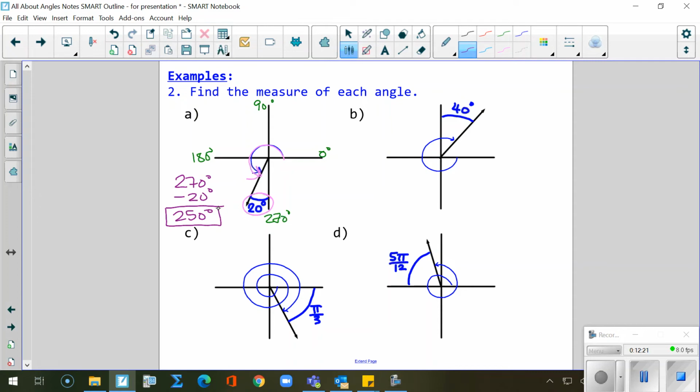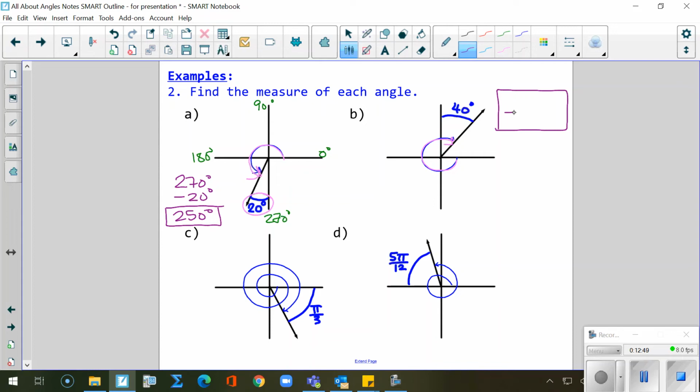The next question, we have to notice that this is a negative angle. So I'm going to make a box for my answer, otherwise I'm going to forget to put a negative on it. I'm not going to do my math thinking in terms of negatives. I'm going to do my math just totaling up the size of that angle and then remembering that it goes in a negative direction.